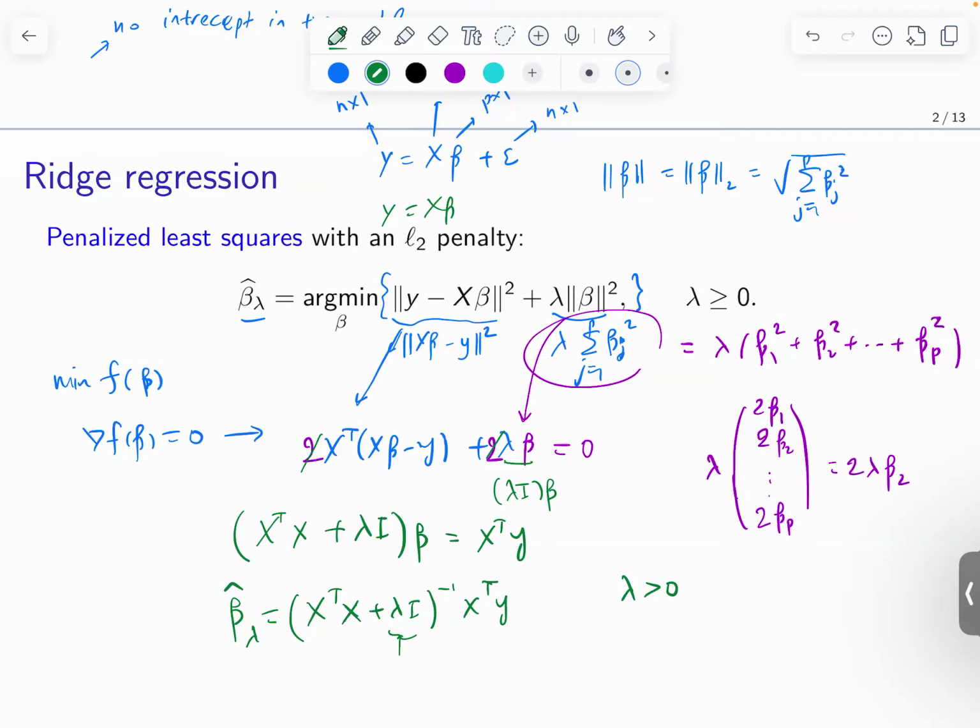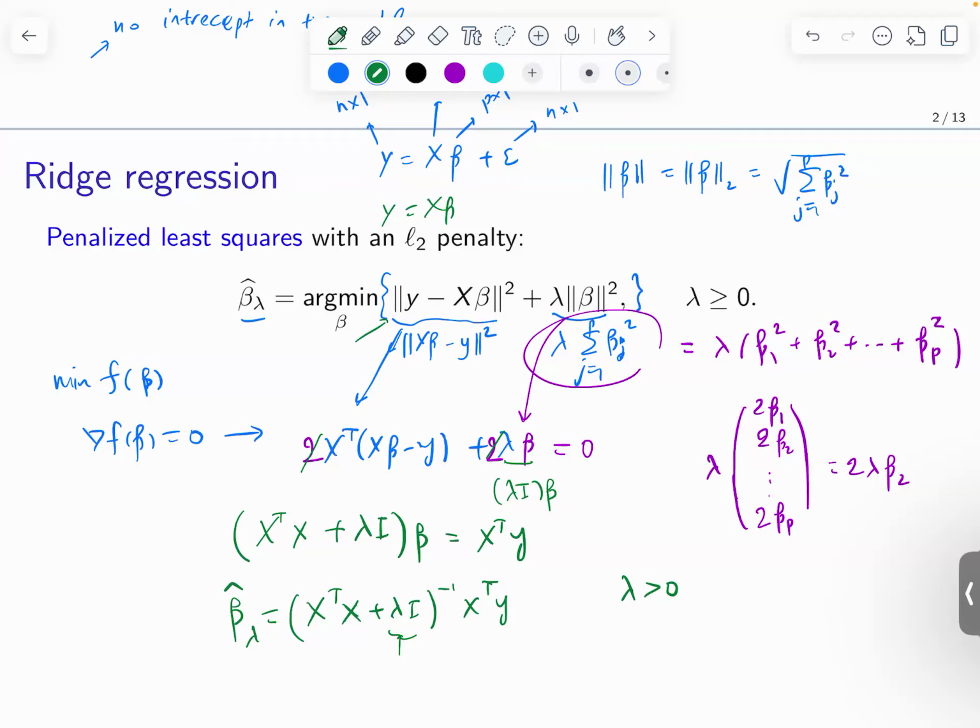No. This is a very good point to try to understand. This optimization has nothing to do necessarily with the model. I'm motivating it with the model, but you can write this down with y being anything. If y was equal to X beta, it can't be equal to X beta for all betas.